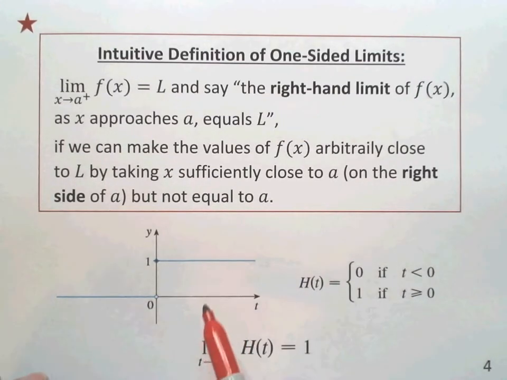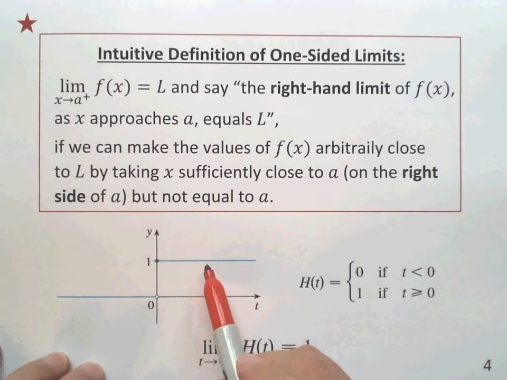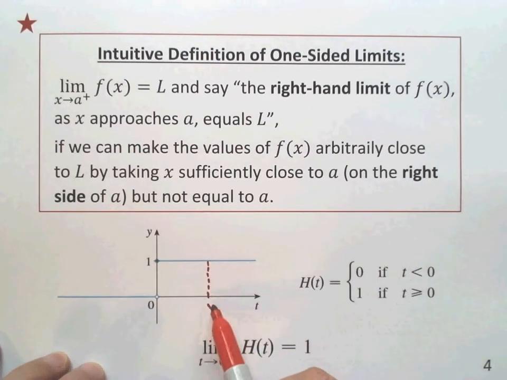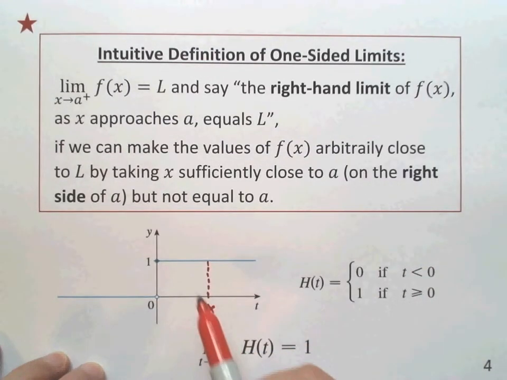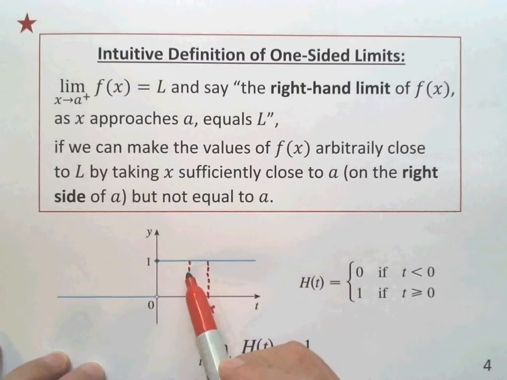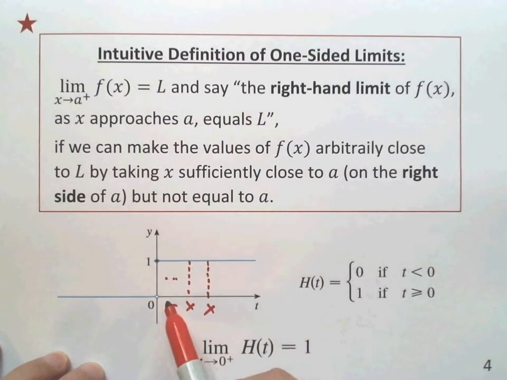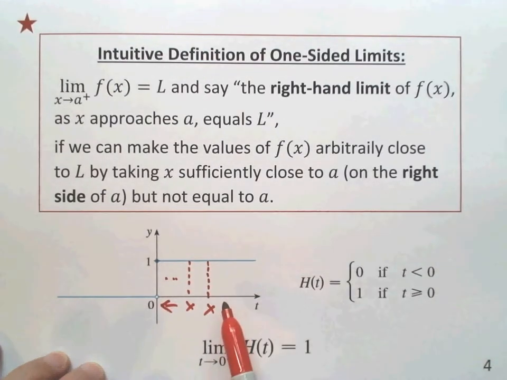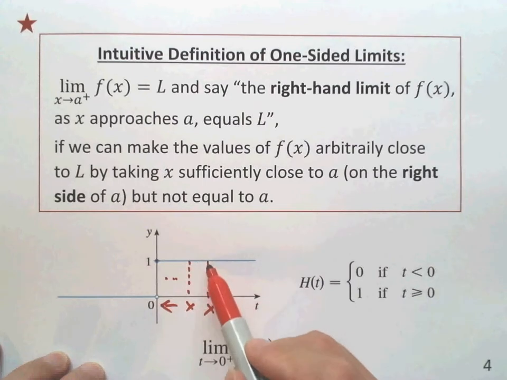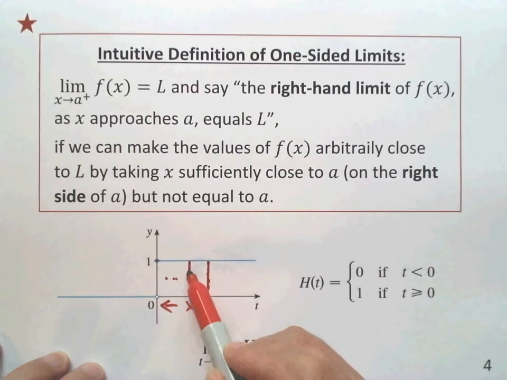Can we see an example? Still the step function. This time we look at the right. What's the limit? x at here, or here, or whatever, on the right side approaching 0. Look at the value of y. It's 1. All ones.